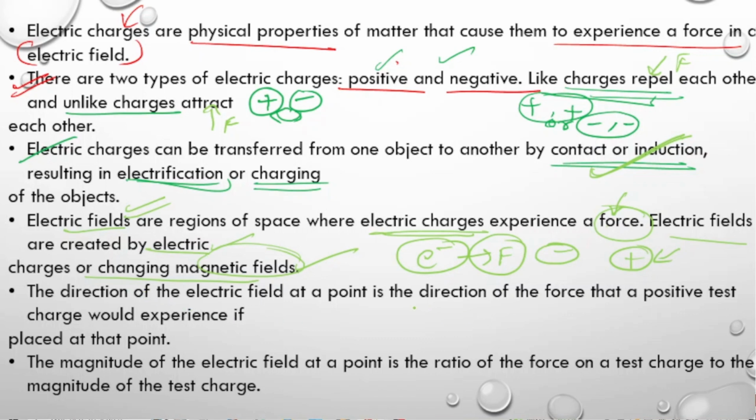So the direction of the electric field at a point is the direction of the force that a positive charge would experience if placed at that point. Next, the magnitude of the electric field at a point is the ratio of the force on a charge to the magnitude of the charge. Okay.